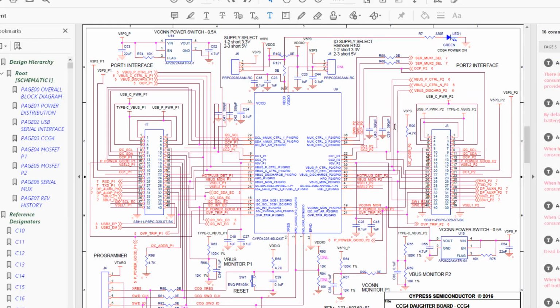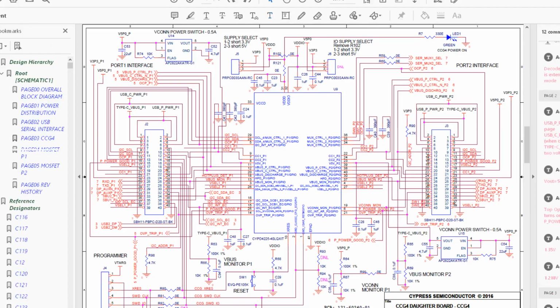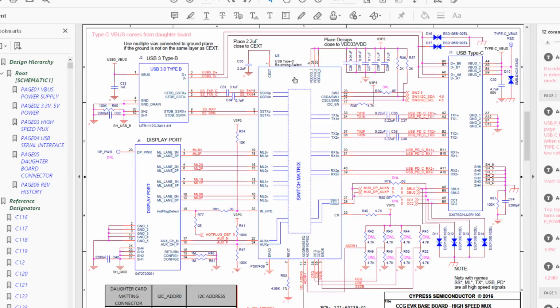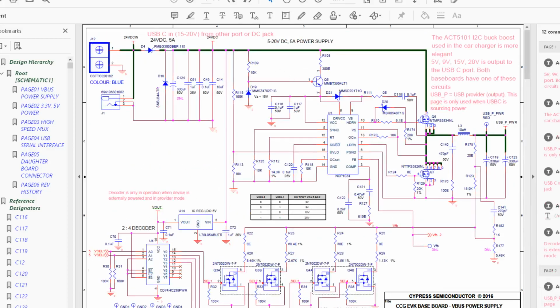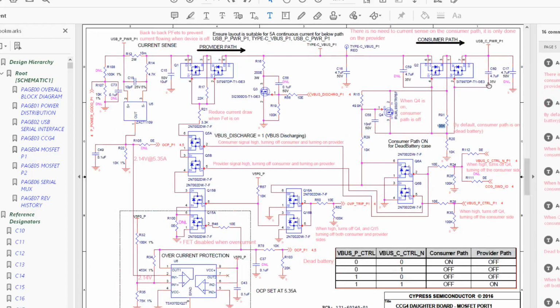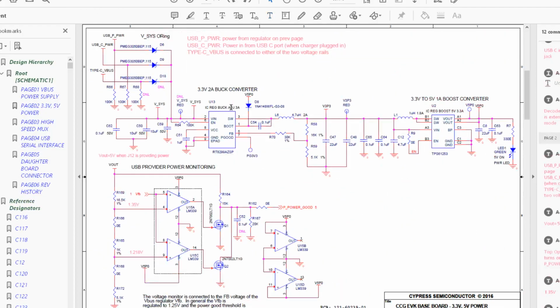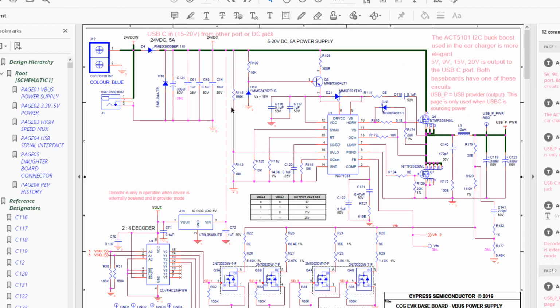Alright, so we've got P control, C control, and this charge pin, for each port, which we've seen here. These are available on the connector. I'm not sure why they're not used on this sheet.